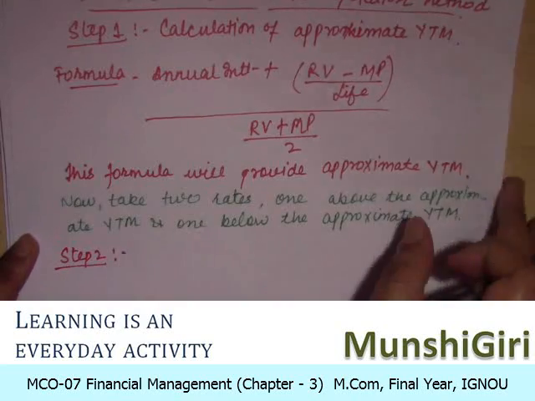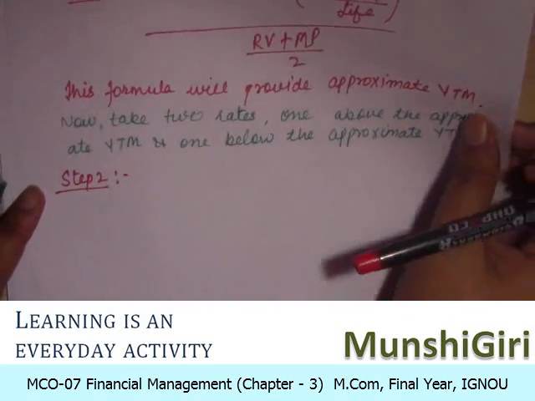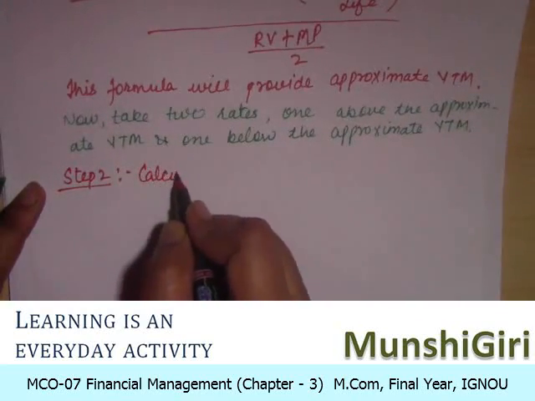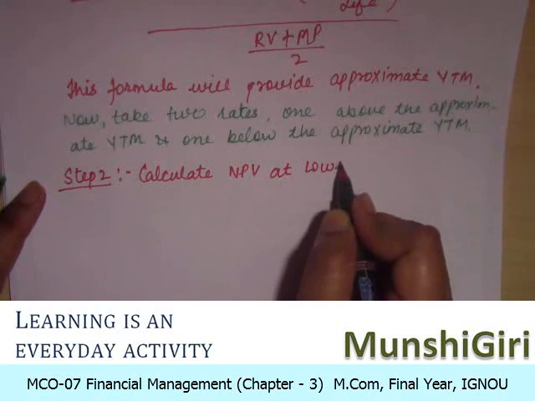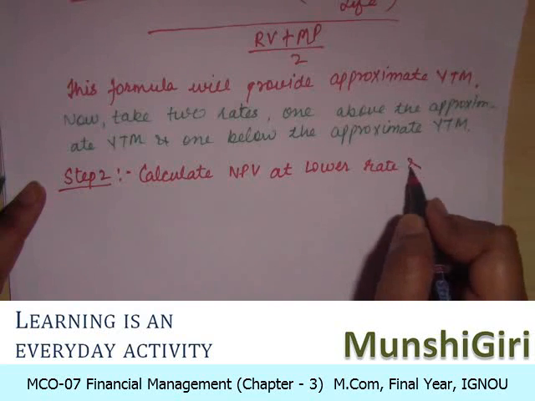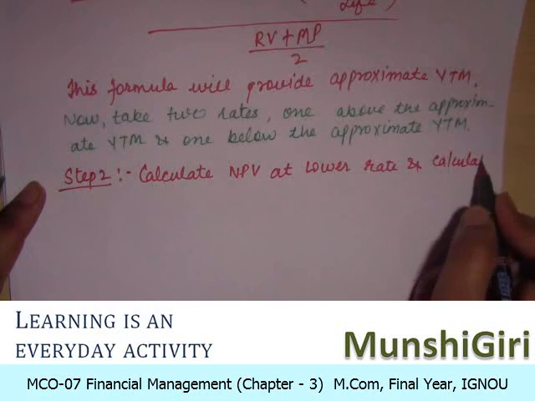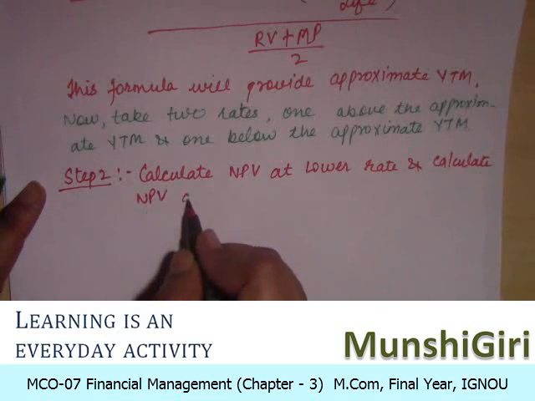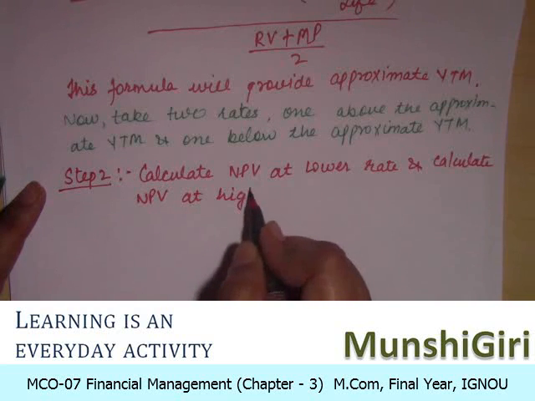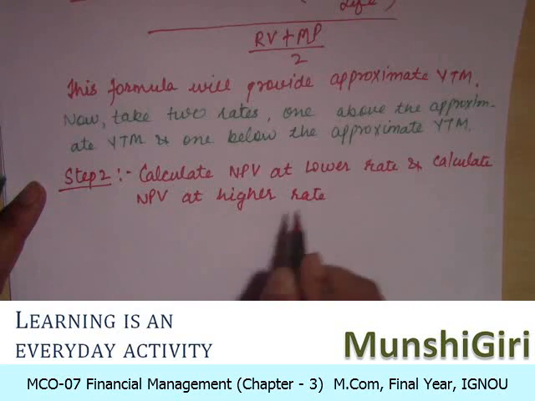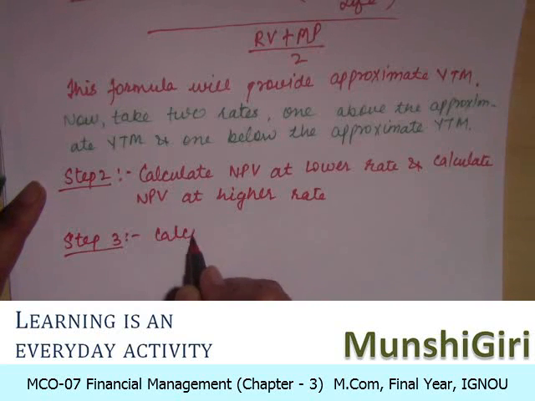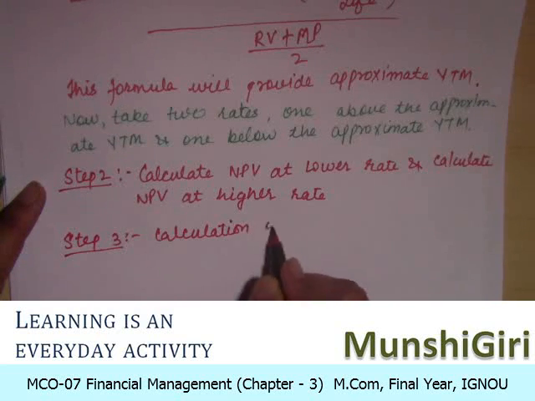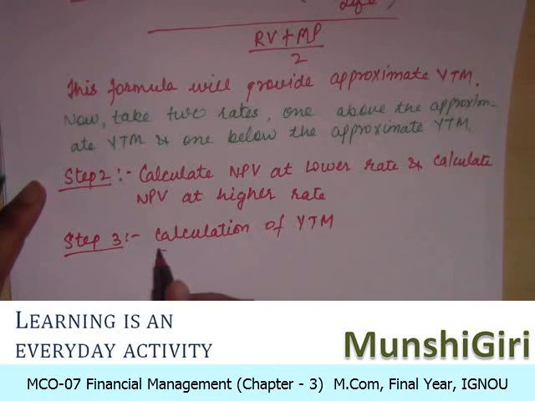Step 2: calculate NPV at lower rate and calculate NPV at higher rate. And step 3 is calculation of YTM. For that again we have a formula.